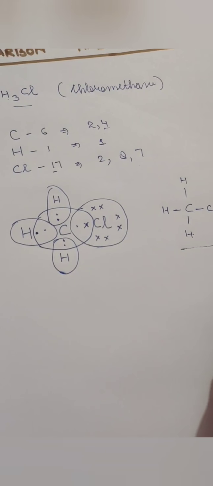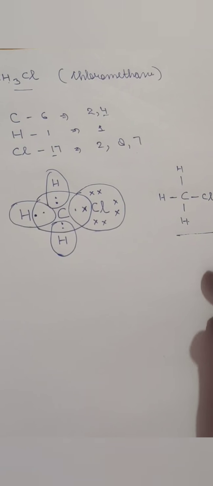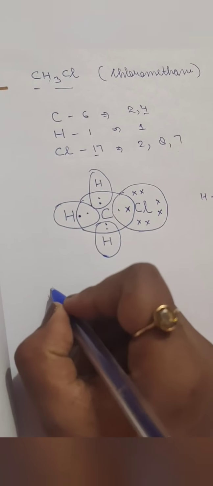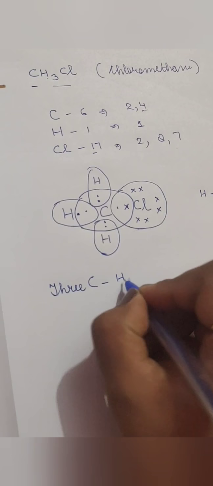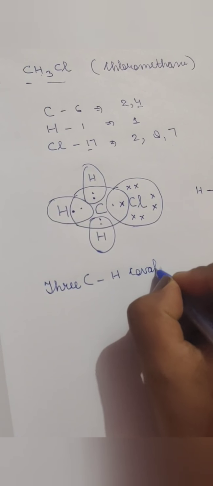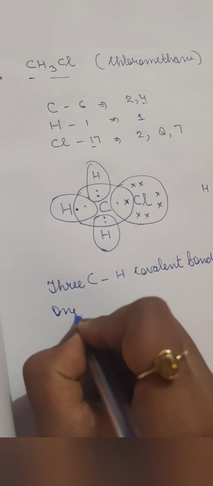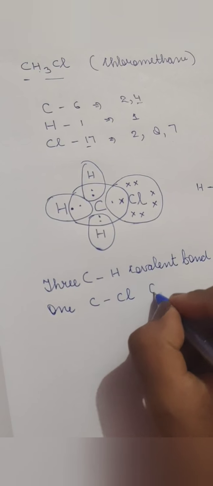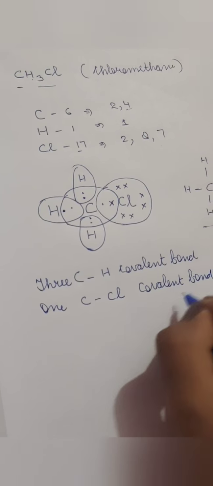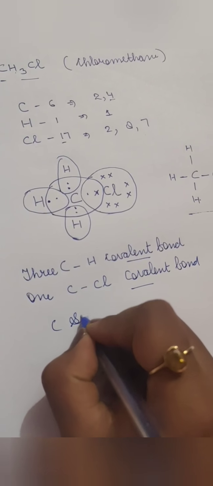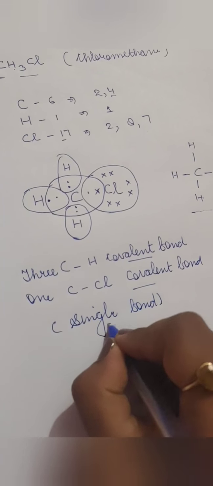In the question they're asking what is the nature of the covalent bond. So the nature of the covalent bond is: there are 3 carbon-hydrogen covalent bonds, and 1 carbon-chlorine covalent bond, and all the bonds are single bonds.